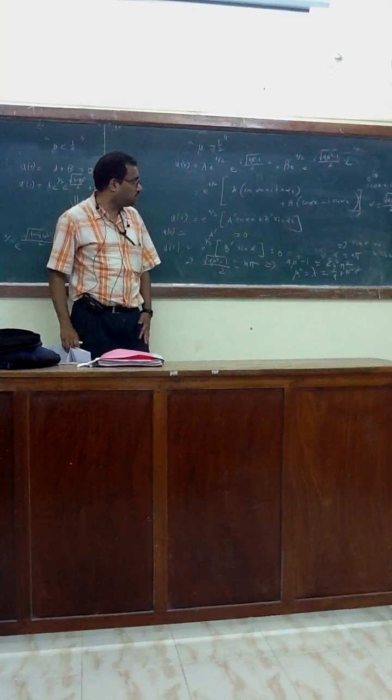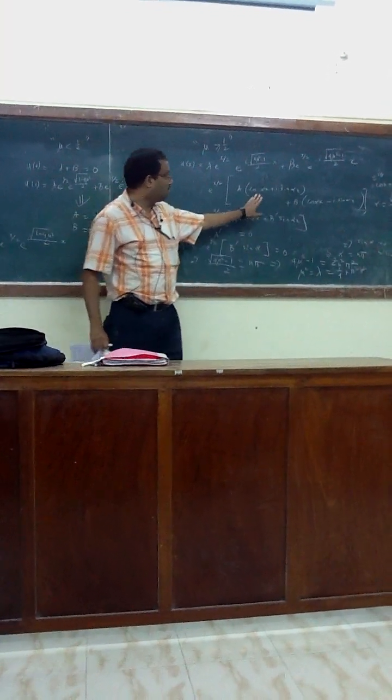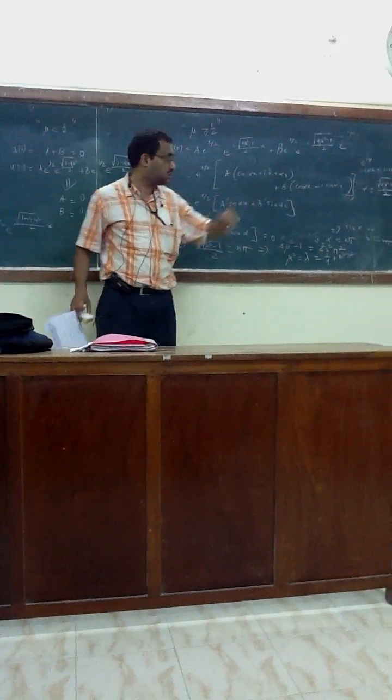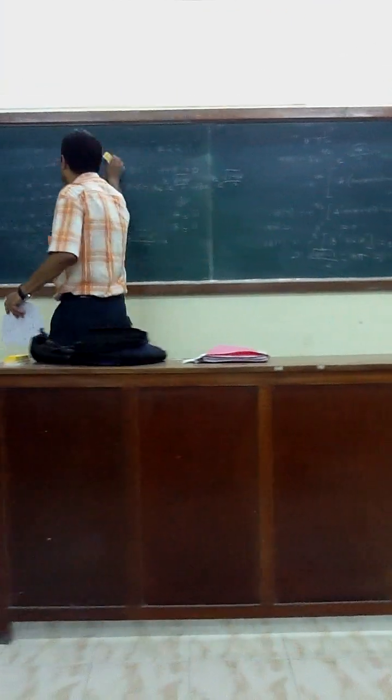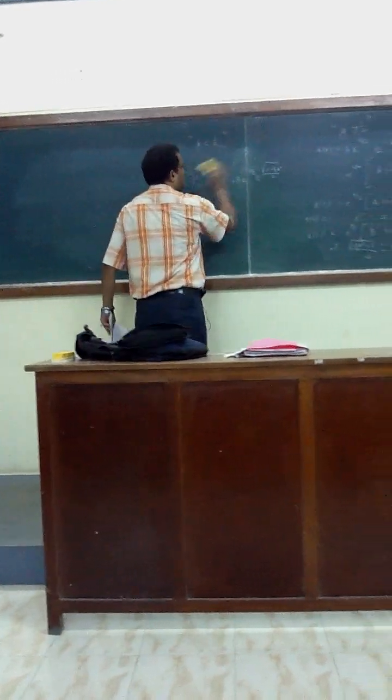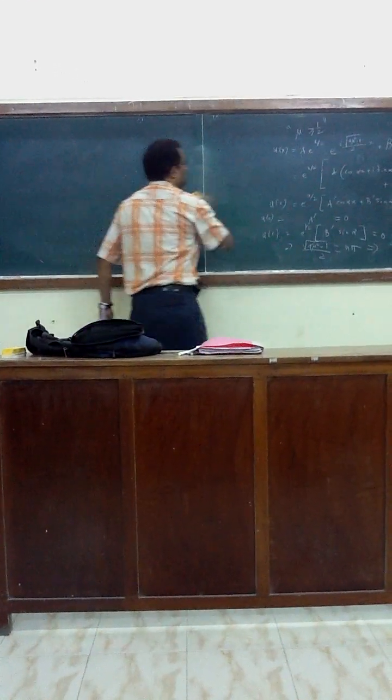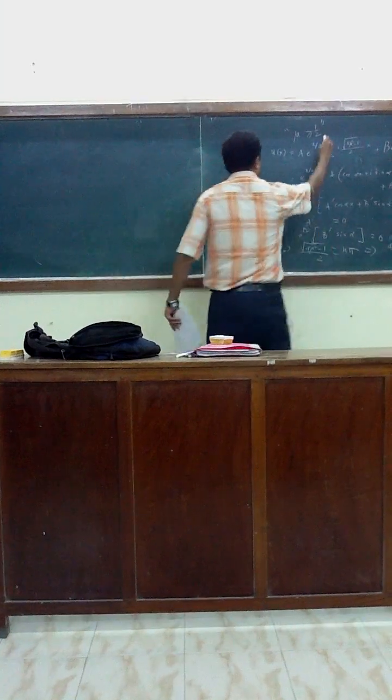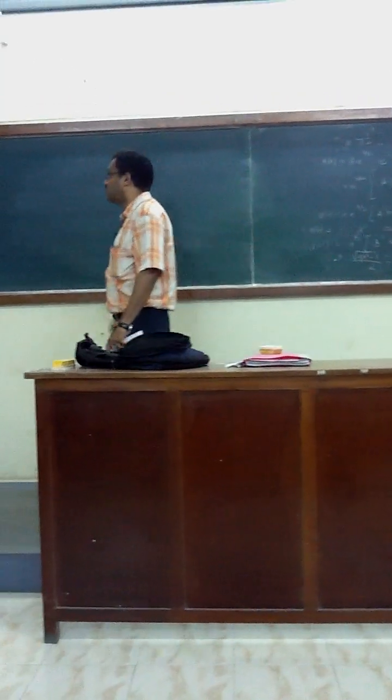Alpha is how much? Alpha is 0. That means, then again the question is, yes, that's what I think. Here is the catch again. I put a question mark. You tell me which is the eigenvalue then.